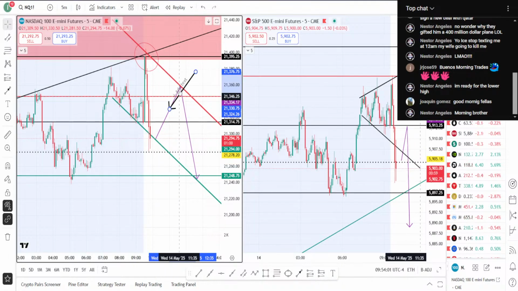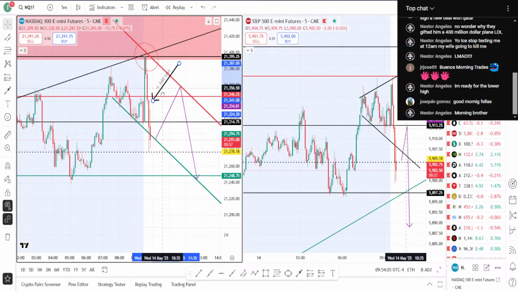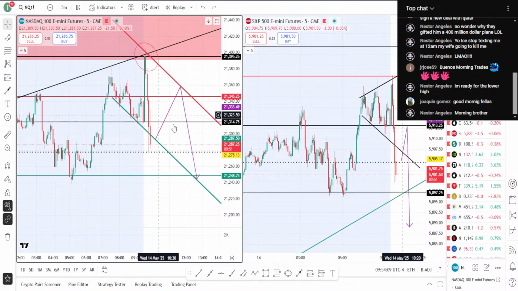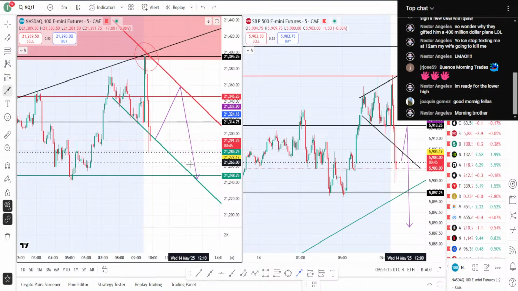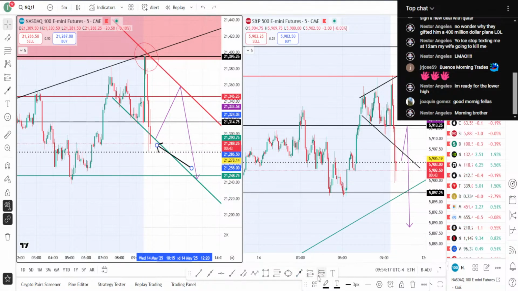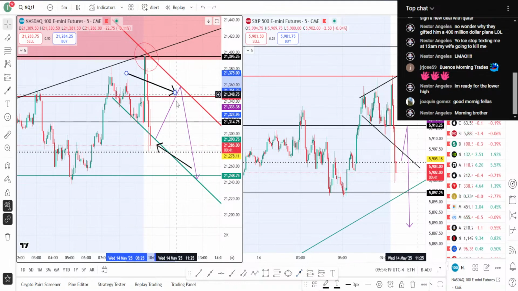If you are looking to sell down here, what oftentimes happens is you could get a strong selling candle down here, just like you could get one up here. But because you're looking for it down here and it shows you it down here, you're gonna take it as an entry.